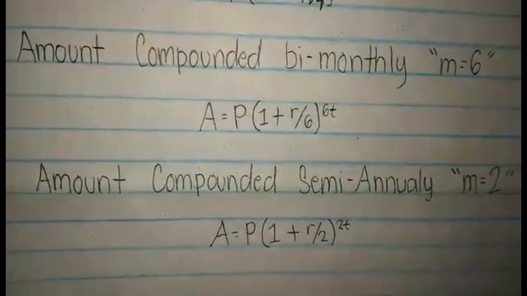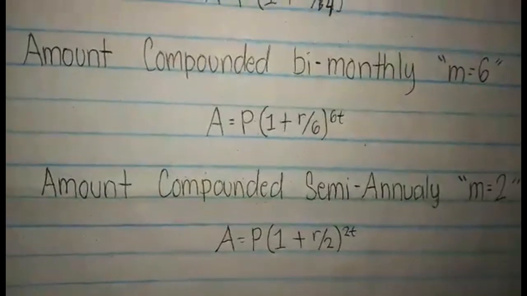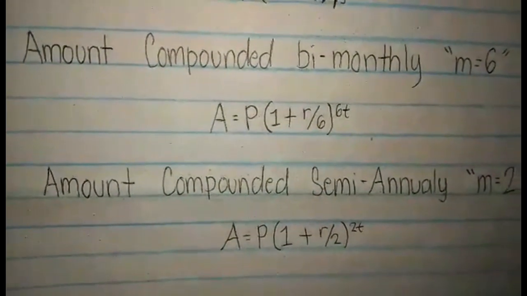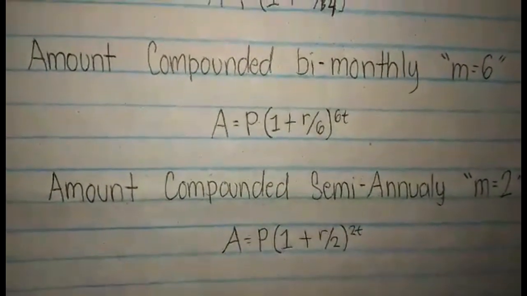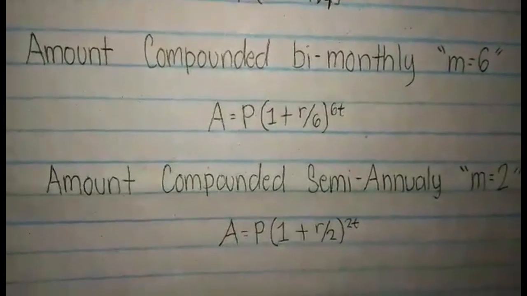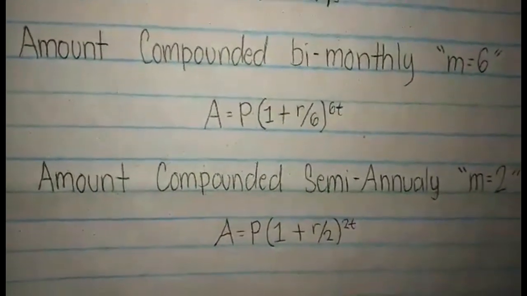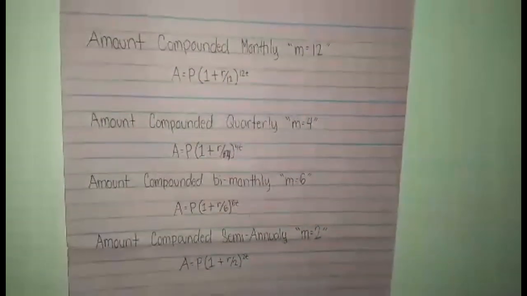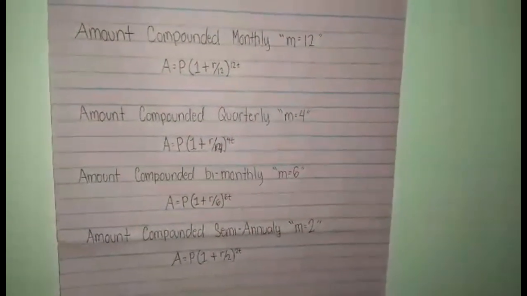The conversion period will be 2, or M is equal to 2. And the formula will be A is equal to P, quantity of 1 plus R or rate over 2, raised to 2 multiplied by T or time. And that will be all for the compounding periods.